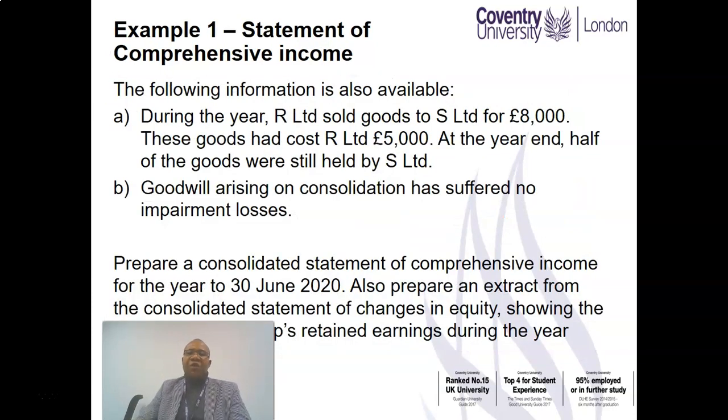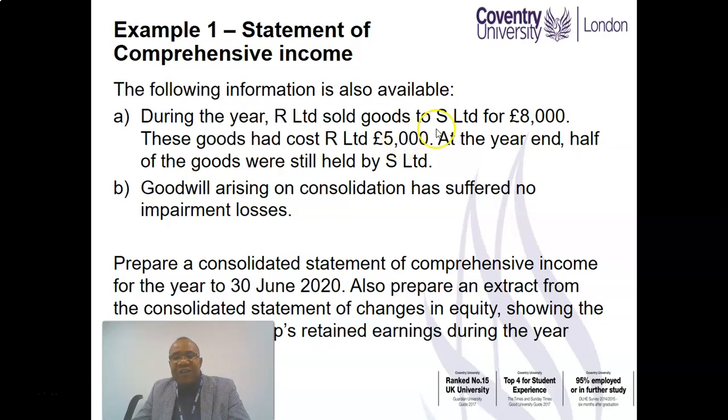The following information is also available. During the year, R Limited sold goods to S Limited for 8,000. These goods had cost R Limited 5,000. So that means that R Limited has made a profit on this sale of 3,000, which is 8,000 minus 5,000. Now, this profit is unrealized.